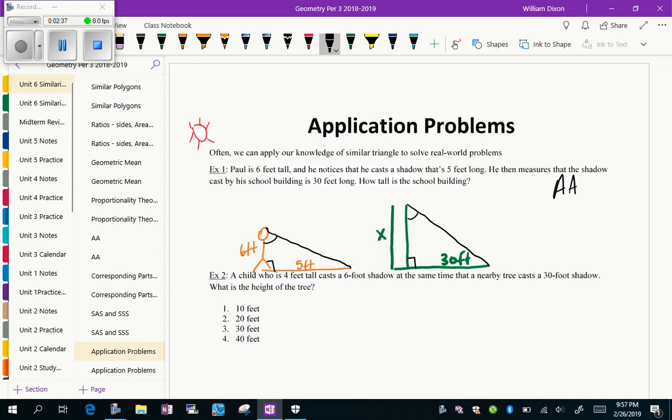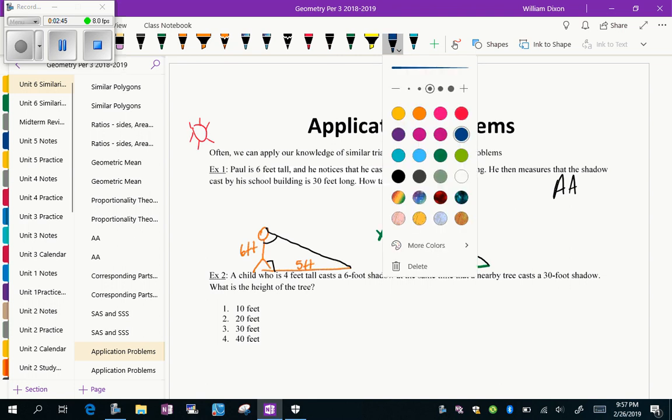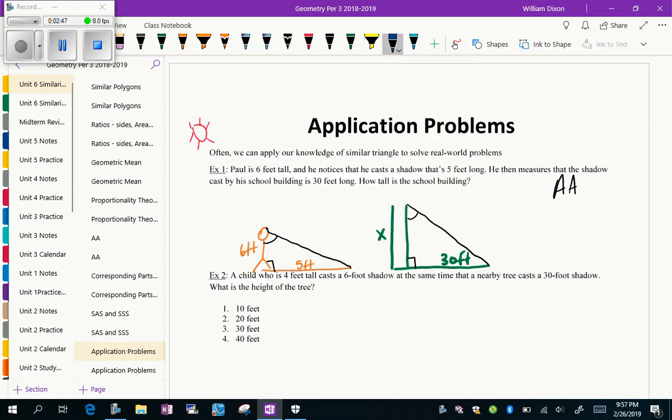Now that I know that the two triangles are similar, I can set up a proportion to solve for the size of the building. So I'm going to set up 6, because I'm going with my corresponding sides, 6 over x equals 5 over 30.